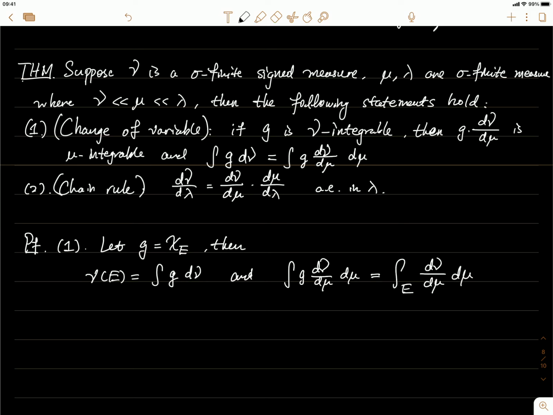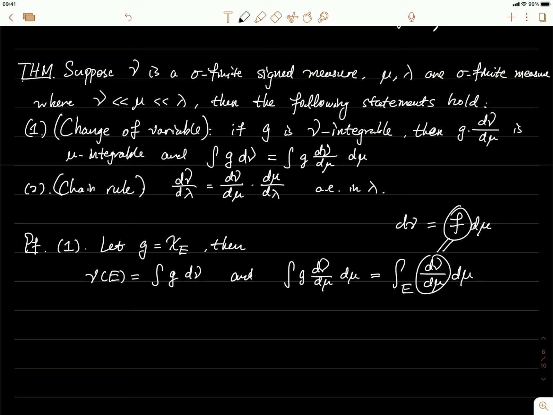Okay, and remember what this one is. This is equal to the f, such that nu can be written as f times d mu, right? This is equal to the f there.